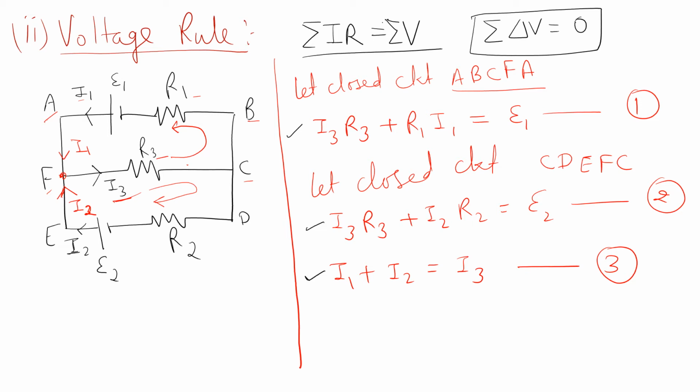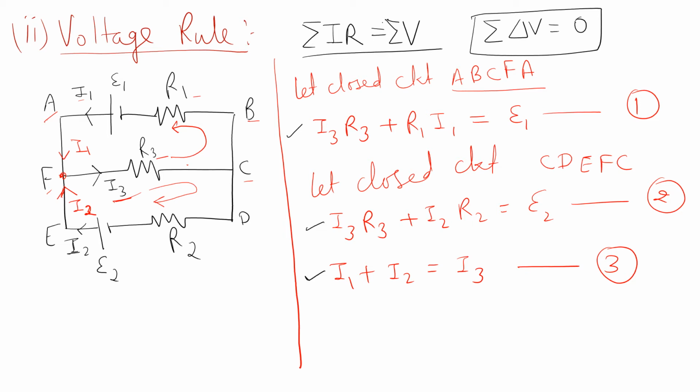And when you solve the circuit, some values will be given to you. Let us say you are given R1, R2, R3, E1, E2. Then the question may be asked: what is the current in arm AB, what is the current in arm CF, what is the current in arm ED, or any other question.